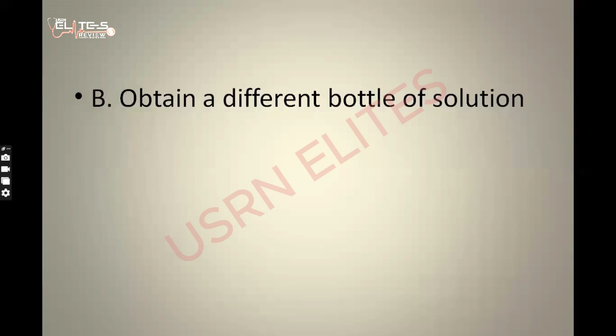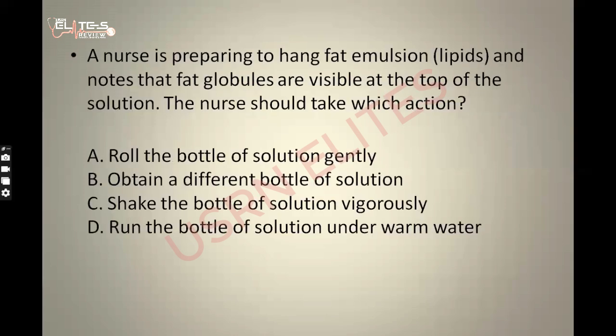One thing you should also bear in mind is that when you have a TPN that is correctly prepared, you shouldn't have these emulsions and globules or visible weird things within it. As soon as you find those things within the TPN, kindly return it, or there might be an issue with it. So take notes. On the NCLEX, don't give it. And even in rare case scenarios, please don't give it.